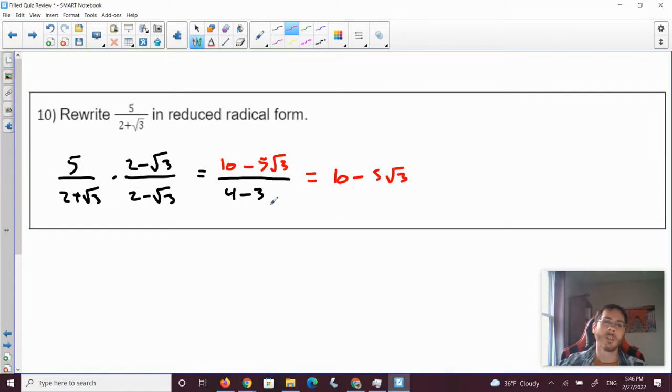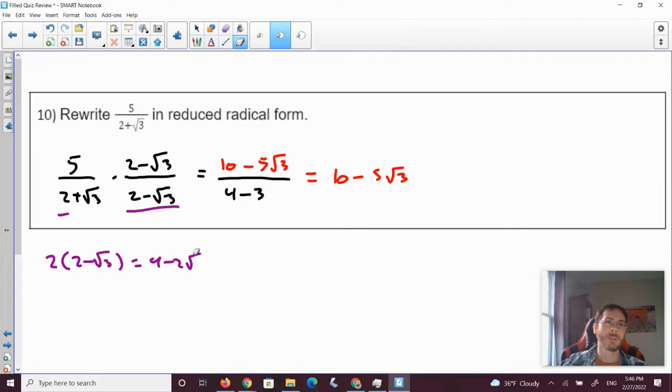Again, that'd be over 1. So if I'm just dividing by 1, I don't need to write it anymore. If you want to see it out a little bit longer, again, on the bottom, what we're doing is 2 times 2 minus root 3 to get 4 minus 2 root 3. And then plus root 3 times 2 minus root 3.